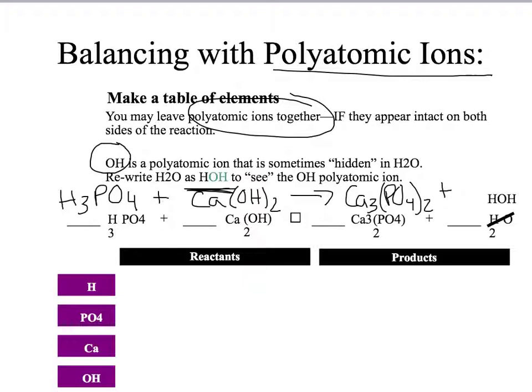So if you notice here, hydrogen, on this side I have 3 hydrogens by itself, so I'm going to put 3. And on this side, I'm going to split this HOH in half, and I actually only have 1 H.